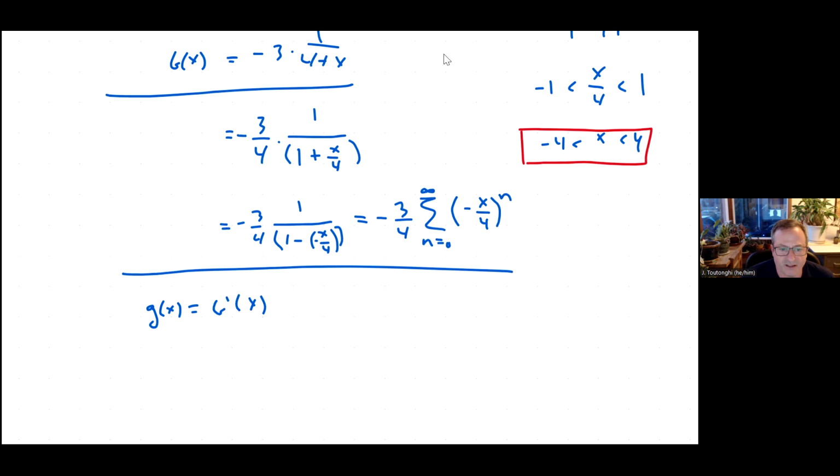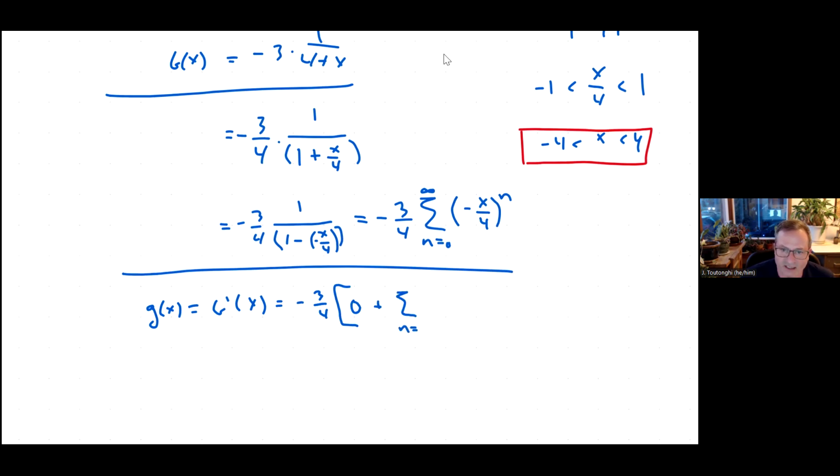And now here it's a little bit weird. When n is 0, this first term, the n equals 0 term, would be 1, because (-x/4) to the 0 is 1. The derivative of 1 is 0. So I'm going to pull that first term out, and then I'm going to have the sum from n equals 1 to infinity of whatever's left.